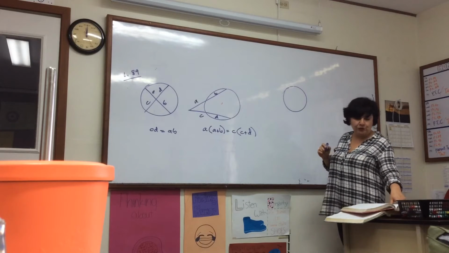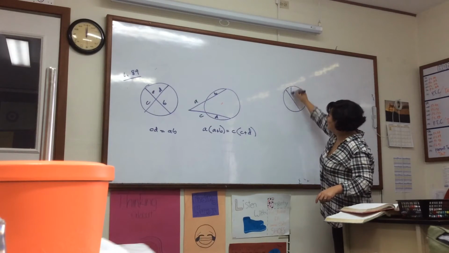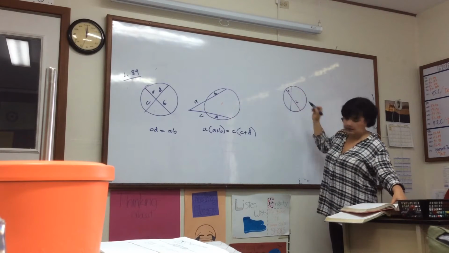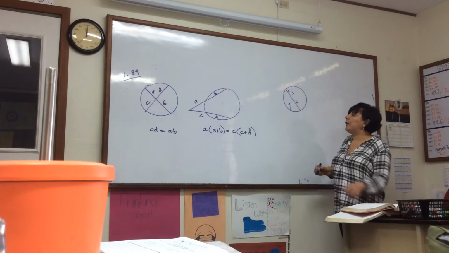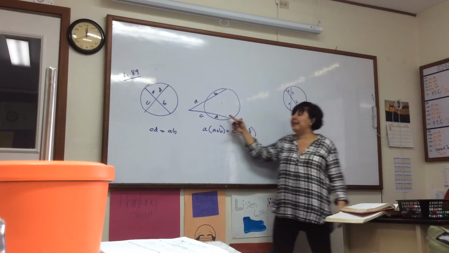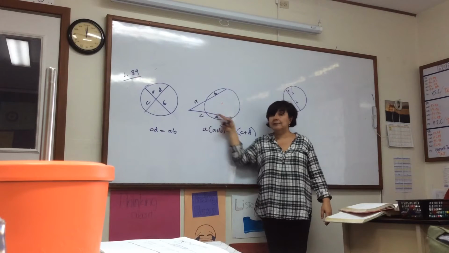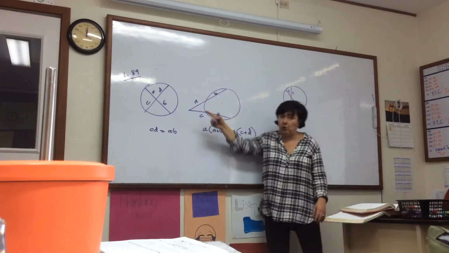Let's look at the practice on page 356. This is what they give you: x, 7, 4, and 3. Notice that these two are inside the circle, and these are outside the circle. They touch the circle, but they also have this piece that's outside. So that's the difference between this one and that one.